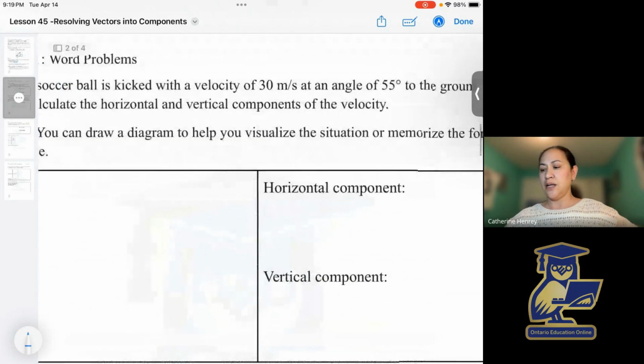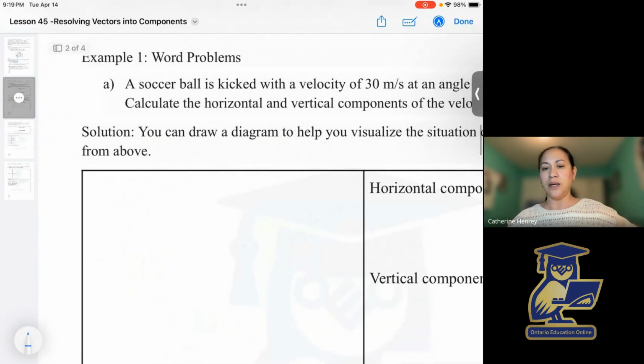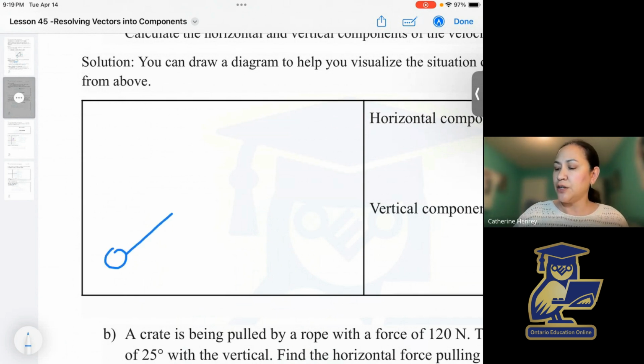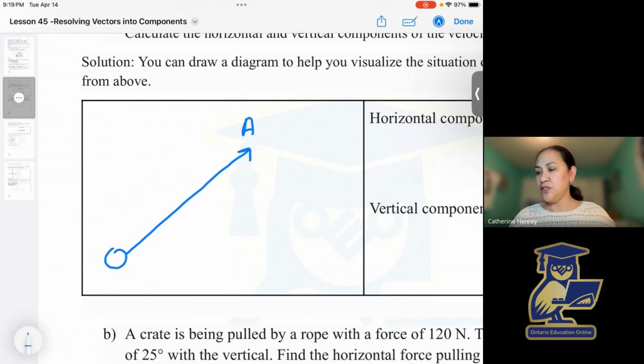So let's zoom in a little bit and work on a drawing. I would start with my little soccer ball, and I would draw in a vector. This represents vector A, and the magnitude of vector A is given to be 30 meters per second.